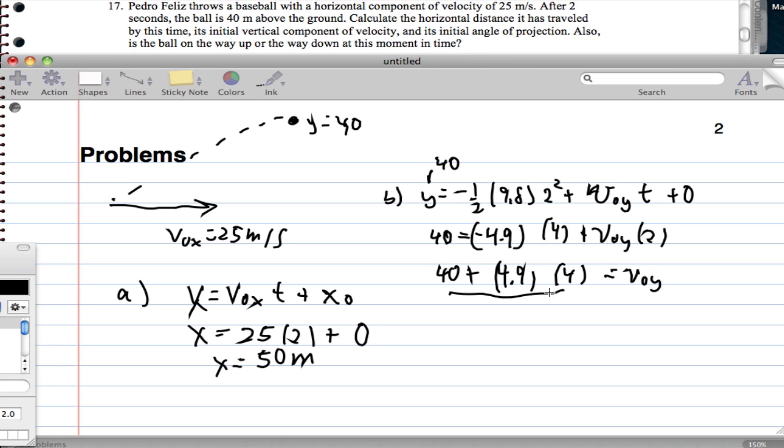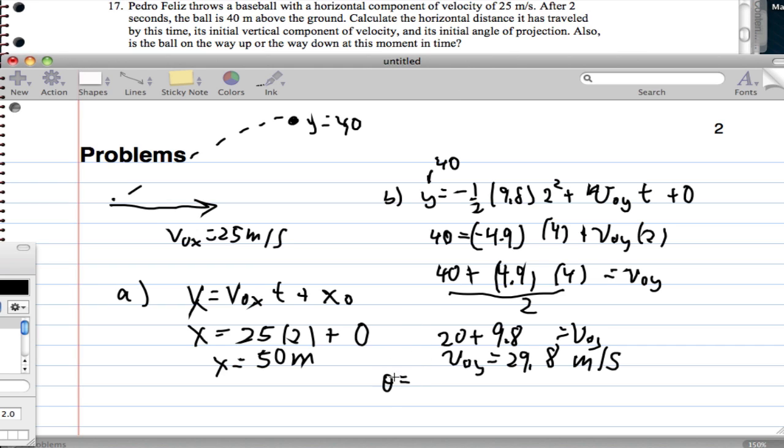If we divide this whole thing by 2, we get 20 plus 9.8 equals v naught y. So I'm getting v naught y equals 29.8 meters per second. Let's see what the next part says. It says we want to get the initial angle that we're at.